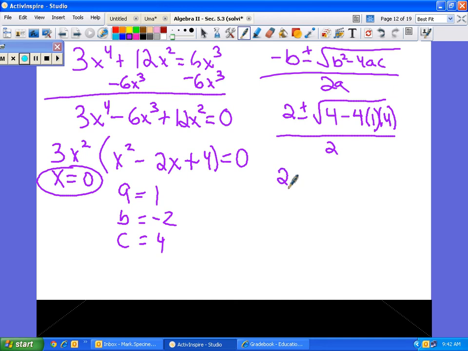And then we're going to simplify. 4 times 4, of course, is 16. 4 minus 16 gives us negative 12, divided by 2.